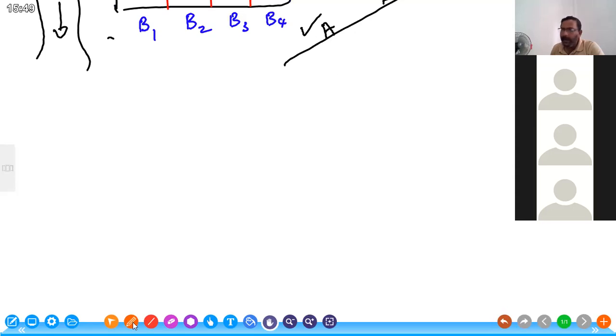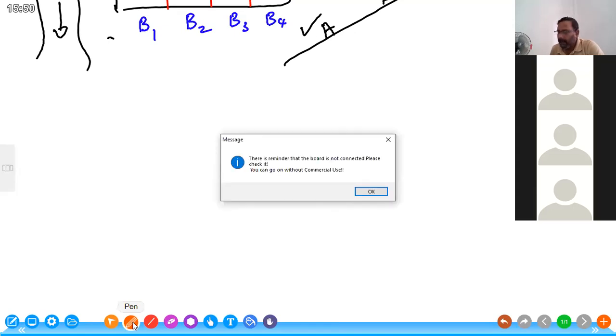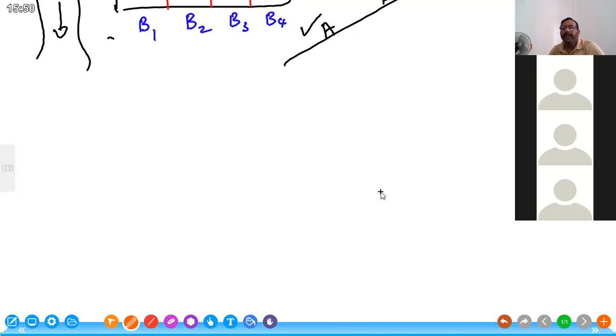How many of you are attached to the animal science department? Are you animal science? Yes, sir. Divakaran, tell me one example where we can do blocking in animal science.